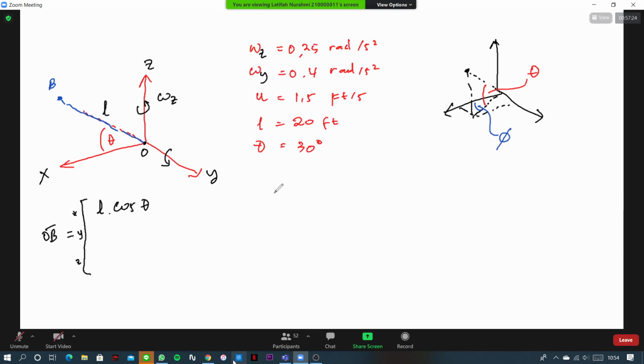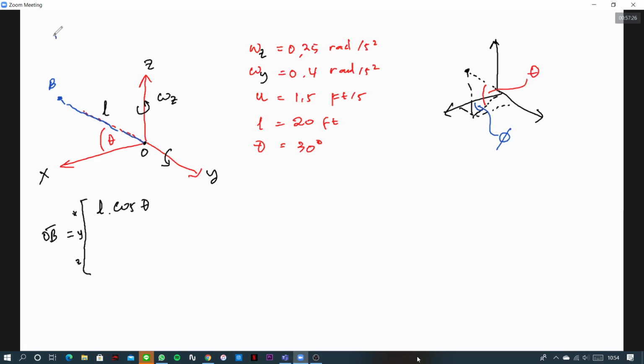In the case of the crane, phi is equal to 0.